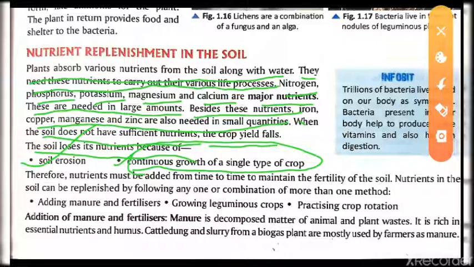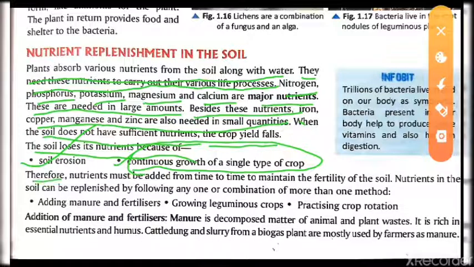The plant is doing the same here. If every year we plant the same crop, the soil loses its nutrients.